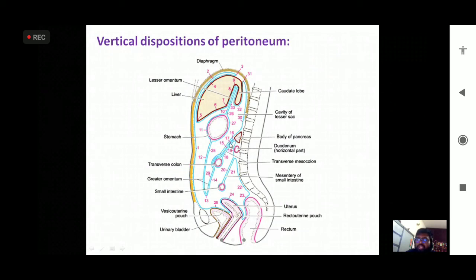Then it turns upon itself to become the anterior layer of the transverse mesocolon, turns around the colon to become the posterior layer of the transverse mesocolon, again goes to the anterior border of the body of the pancreas, and then it turns to go over the duodenal horizontal part and becomes the anterior layer of the mesentery, wraps around the small intestine, goes back again to the posterior abdominal wall, then it covers all this way.